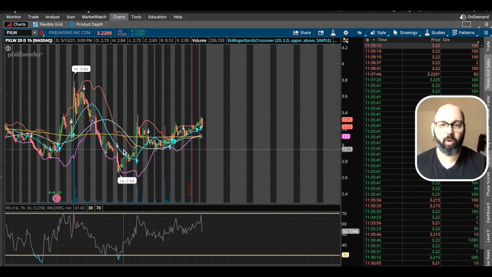confirm the trend. One of those would be crossing over this psychological 20-day moving average. When the stock crosses over, it means that a reversal could be happening, which we get here.